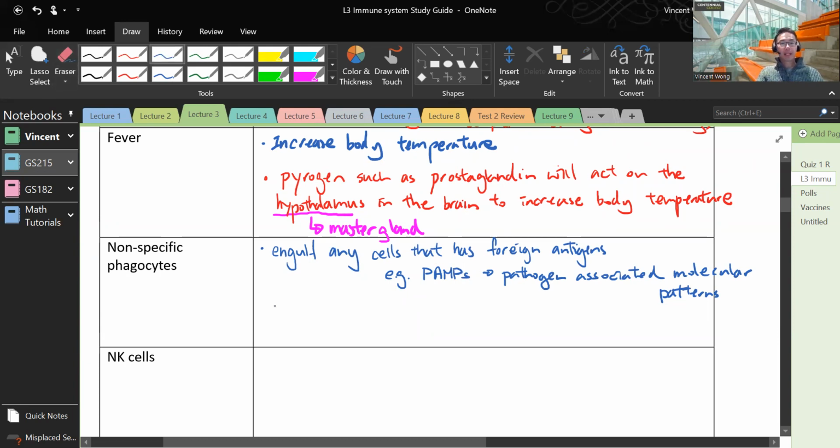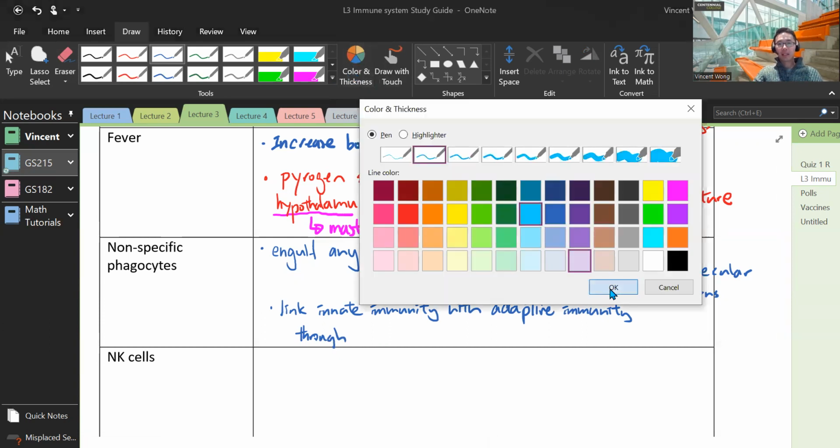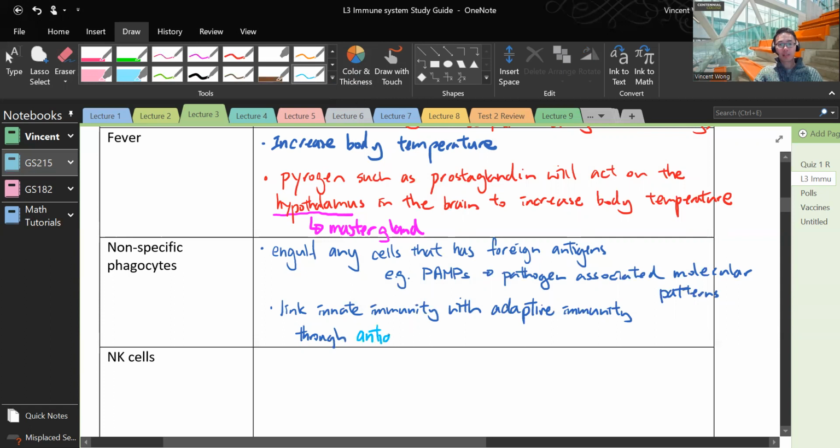Okay, and then another function of non-specific phagocytes is that some of the phagocytes will help link innate immunity with adaptive immunity, through what we call antigen presentation.